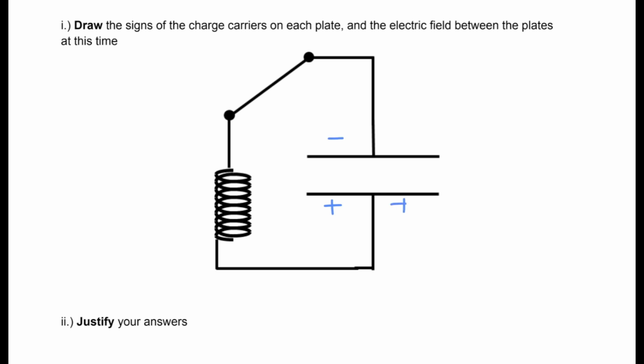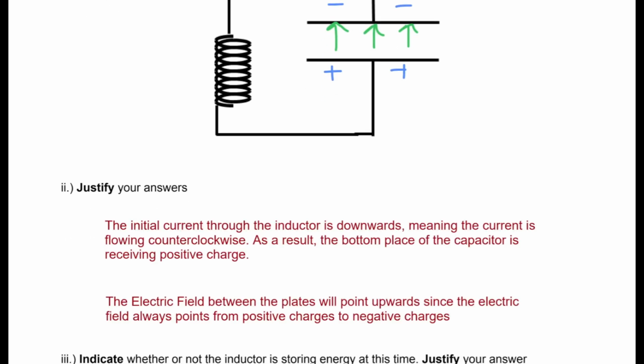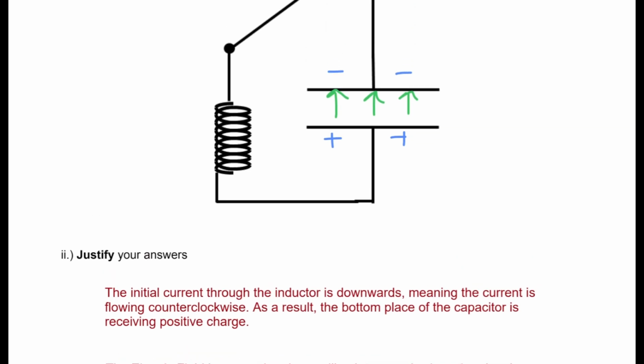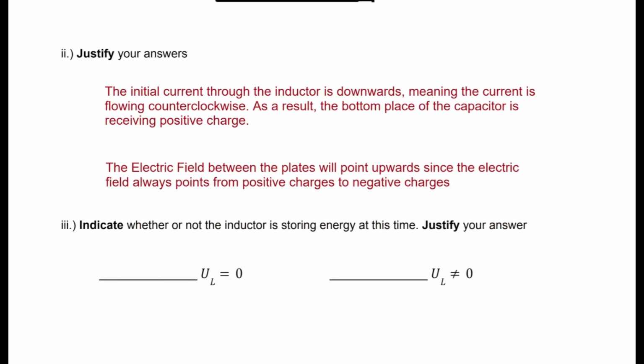We know the bottom plate is positive, so therefore the top plate is negative, and the electric field points from high potential to low potential, or the positives are sources and the negatives are sinks, however you want to see that. Justifying that, we see that the initial current is downwards through the inductor, so the current is counterclockwise. This means the bottom plate of the capacitor is receiving positive charge, and as a result, the electric field points from positive to negative, so it's just upwards through the plates.